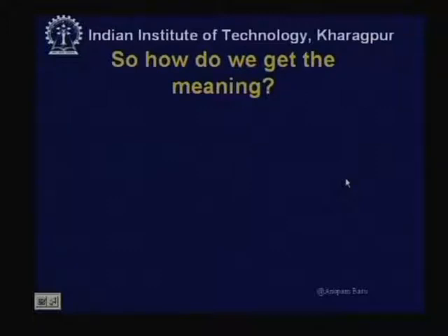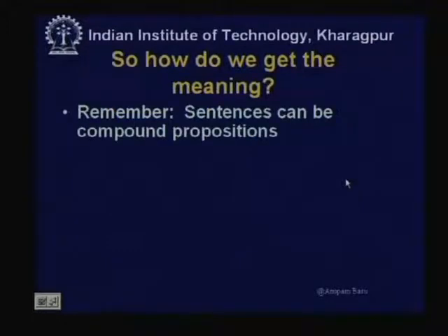So, how do you get the meaning ultimately? Now, please remember that sentences can be compound propositions. We have seen that P is a sentence, Q is a sentence. Now, we can connect them in different ways, and thereby we can get different compound statements, right. So, sentences can be compound propositions.